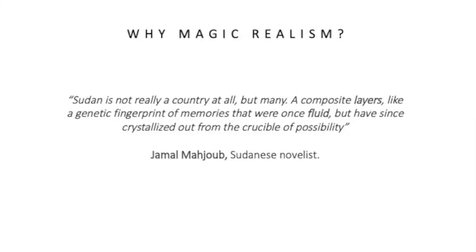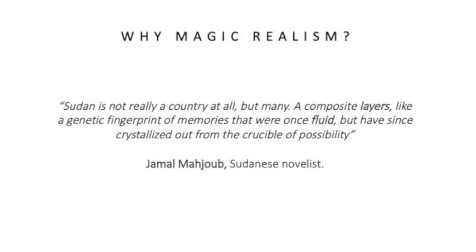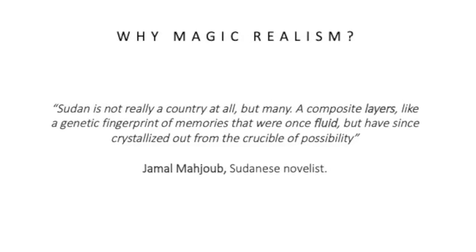You know, it's made up of so many tribes, so many languages, and one quote that I think sums up that essence is by Jamal Mahjoub, who says that Sudan is not really a country at all, but many, a composite of layers like a genetic fingerprint of memories that were once fluid, but have since crystallized out from the crucible of possibility, which I think is a beautiful quote that sums up the essence of Sudan's diversity, which is, he's saying it's not really a country at all. It's kind of many countries all at the same time.